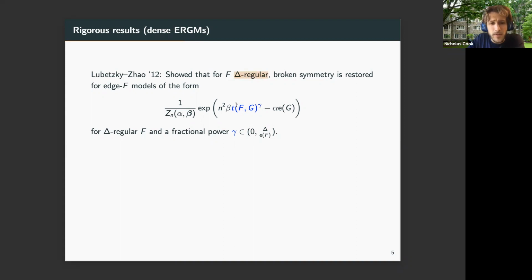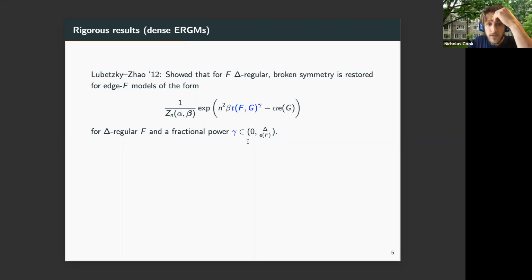And they were able to show that for this model, you can fix the degeneracy phenomenon by, rather than just taking the triangle density or the F density, you take that function, but you raise it to a fractional power.